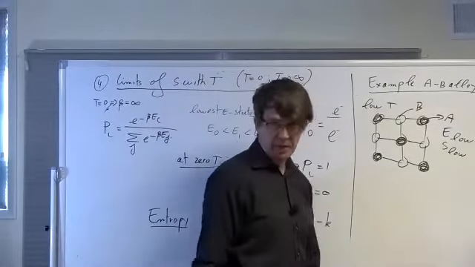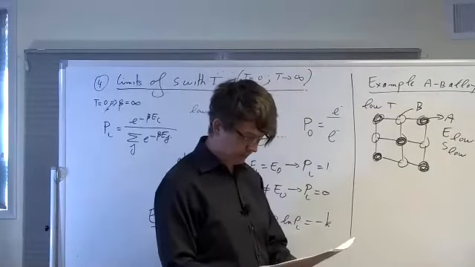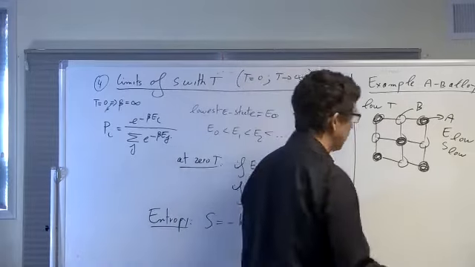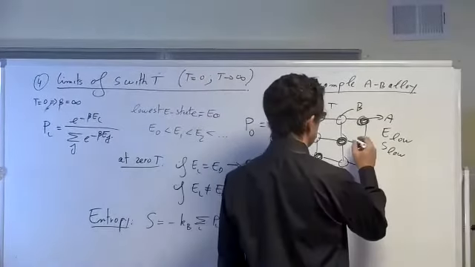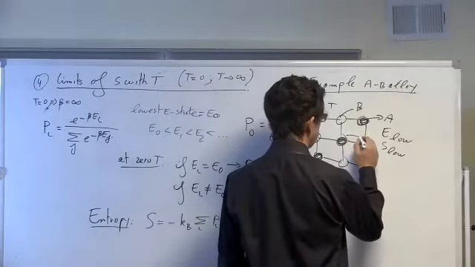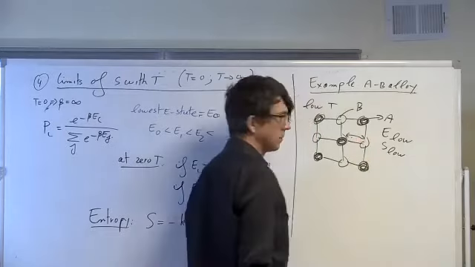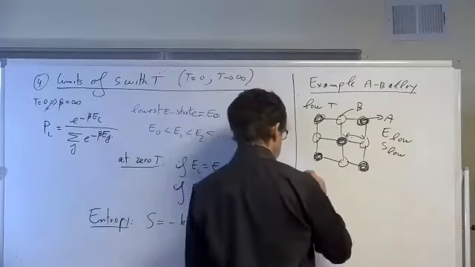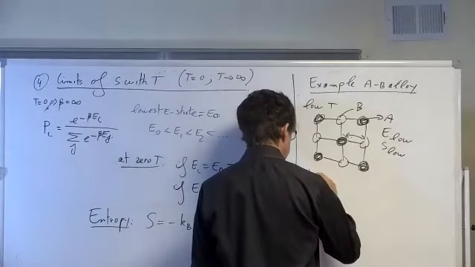What happens as I raise the temperature? Well, what you know is as I raise the temperature, you will start to create some defects. So some of these atoms may change position. So let's go to intermediate temperature.